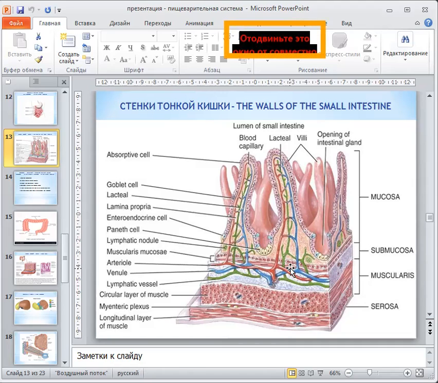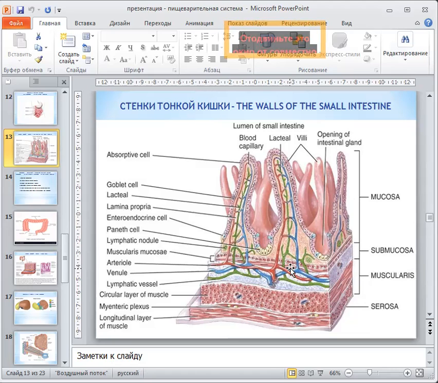And sixth structure are papillae, where open duct of gallbladder and pancreas. There are glands which are similar to the pyloric glands of stomach in the small intestine submucosal shell.